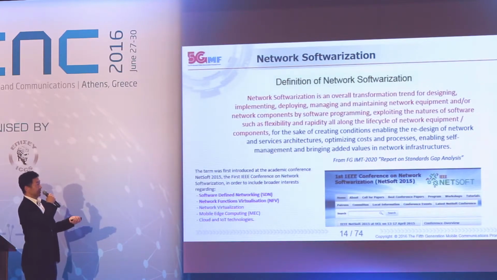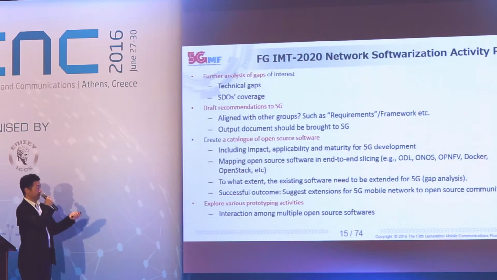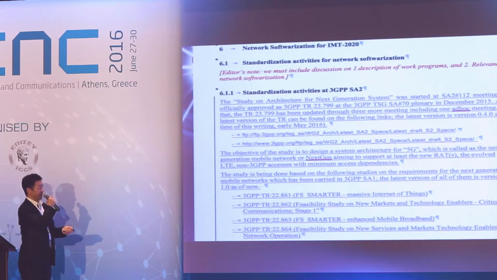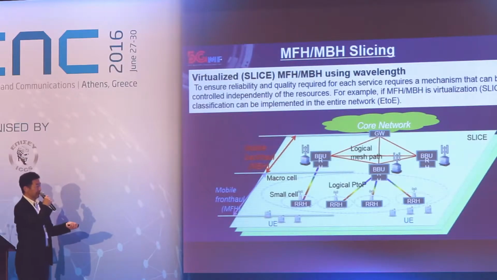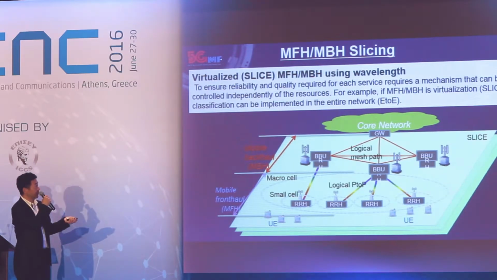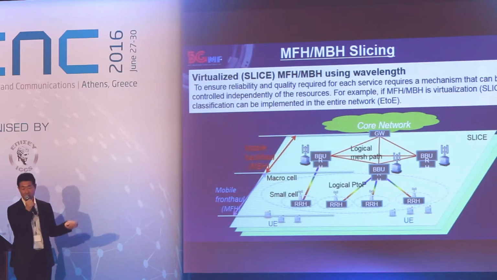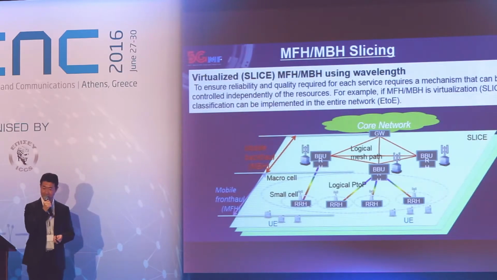If you are interested, we define network softwarization in this group, we have done lots of analysis, and we are also analyzing other SDOs' activities. Recently we think that slicing in the area of mobile fronthaul and backhaul is a very important issue if you want to create end-to-end network slicing. Thank you very much. This ends my presentation.